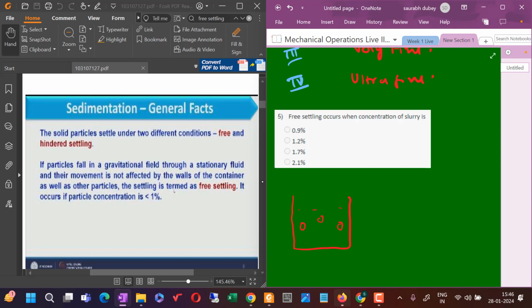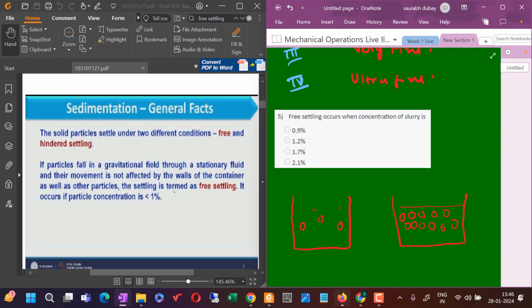If the concentration of particles is very high, then there is hindrance. It's like if the crowd is very large, you feel hindered going to the market, and if there is very little crowd, you are free to roam. It is like that only.